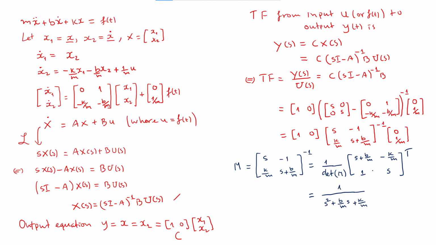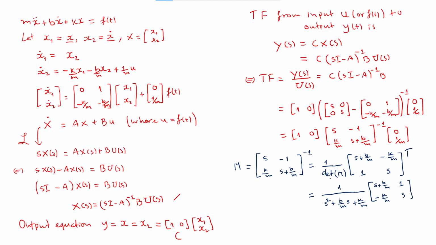Okay, how about this? You transpose it. When you transpose it, you have s plus b over m, minus k over m, 1, and s.